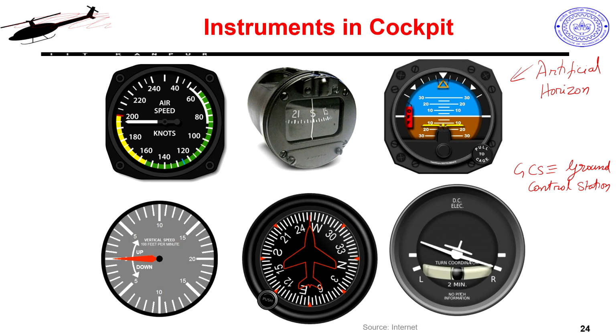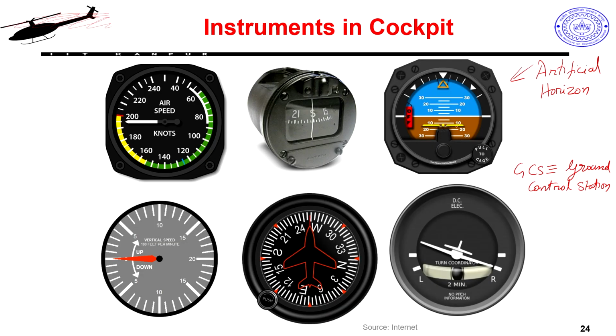So this actually tells you the pitch angle of the craft, and to some extent it may give you some heading also, because these gradations are there. These gradations will tell you the pitch attitude directly.